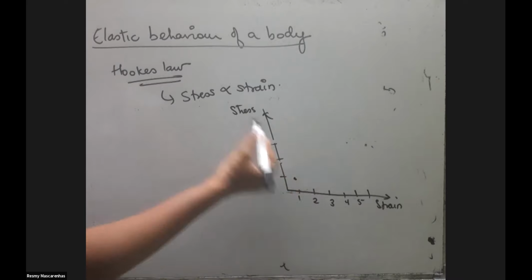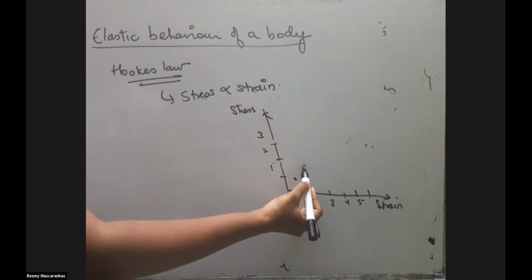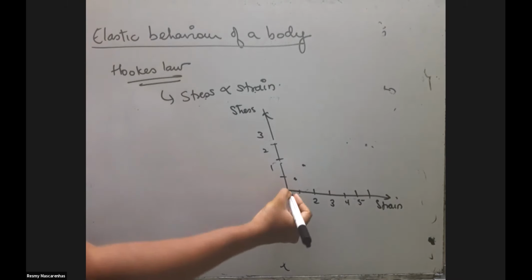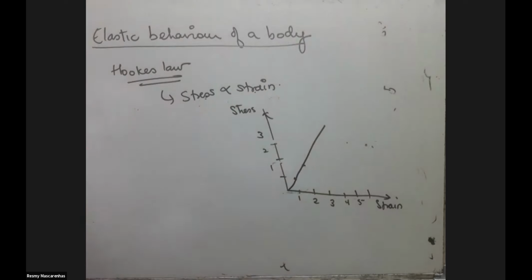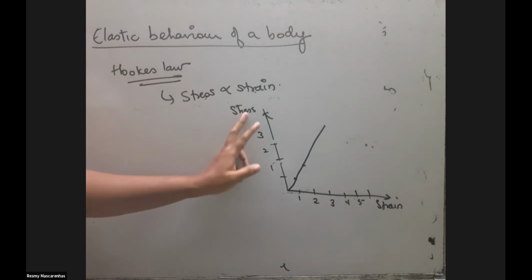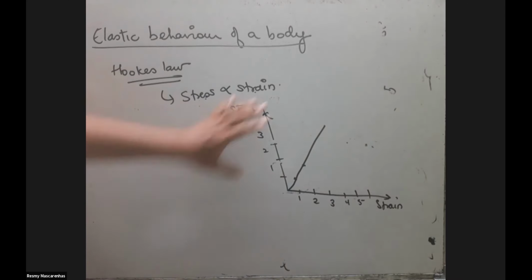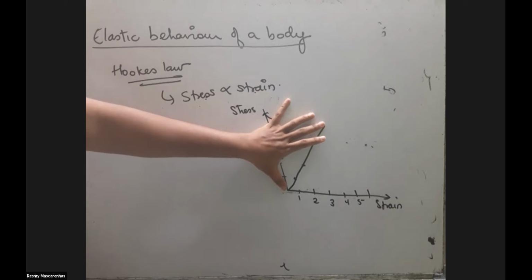If this is 2, then this will also be 2. So there will be a linear change. Like this, it will keep on increasing because they are directly proportional. As you increase the stress, the strain will also increase. Now this happens whenever the body is within its elastic limit.